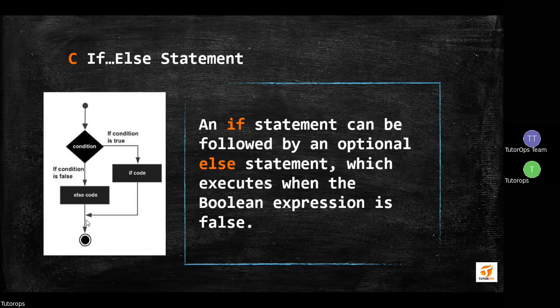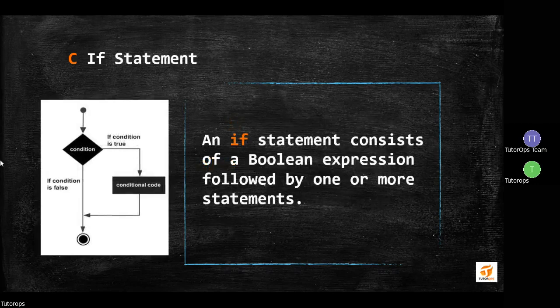Now we are going for the next statement, that is if else statement. For if else statement, an if statement can be followed by an optional else statement which executes when the Boolean expression is false. Means, suppose in the previous scenario, when it is true, we are putting some piece of code here in the true statement, but we are not putting anything in the false statement.